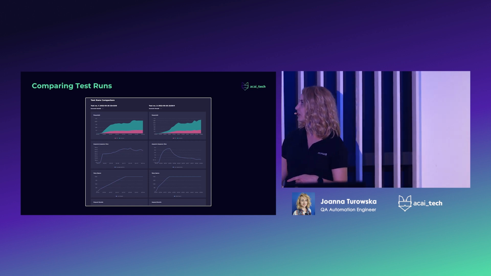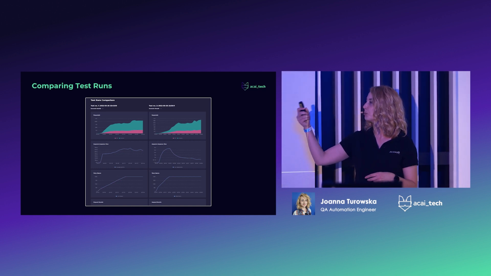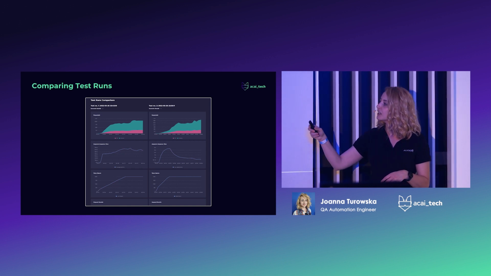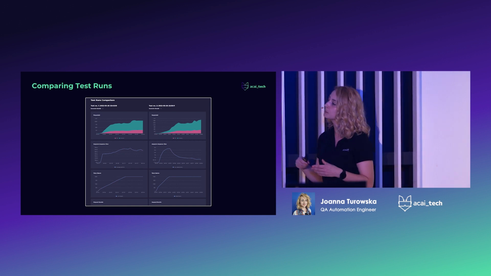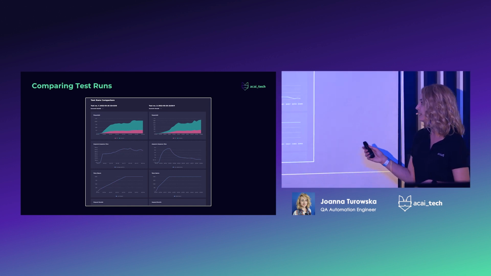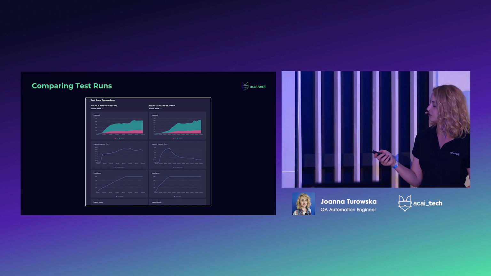So we can choose a run to compare it with. We can select a test scenario, we can select a date, and we can compare results this way. They are displayed side by side. And again, if you hover, you have all the details about the exact numbers.